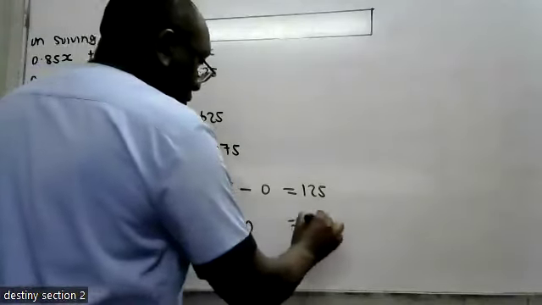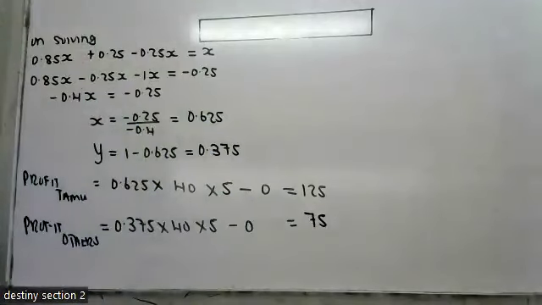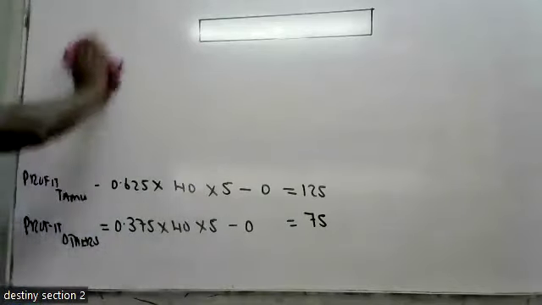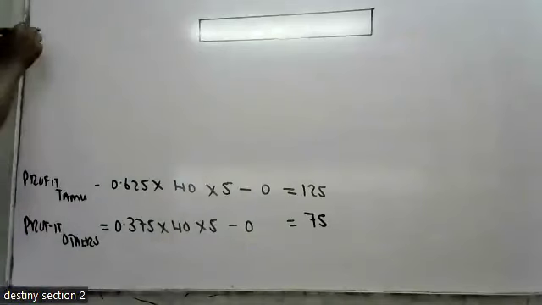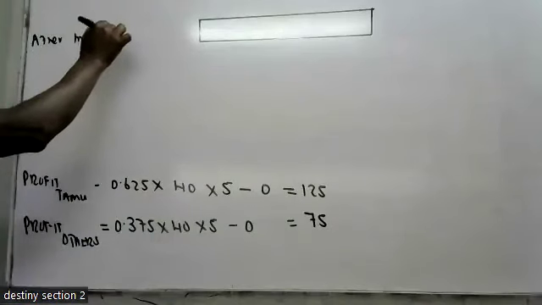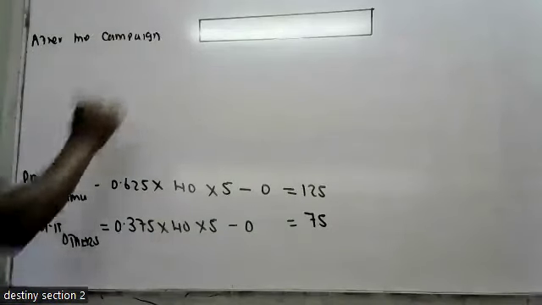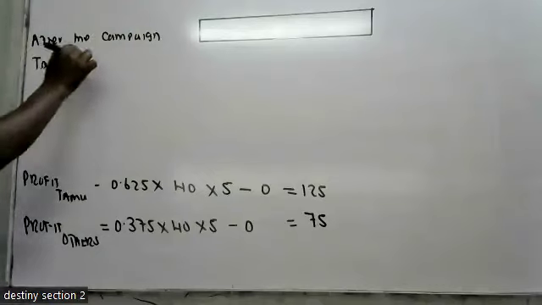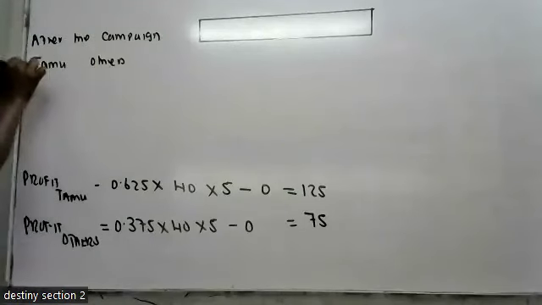And this gives us what we call 75. So I think that is okay. So if that is okay, we are still proceeding down there and we say after the campaign has been done, after the campaign, we will have term here and others here.